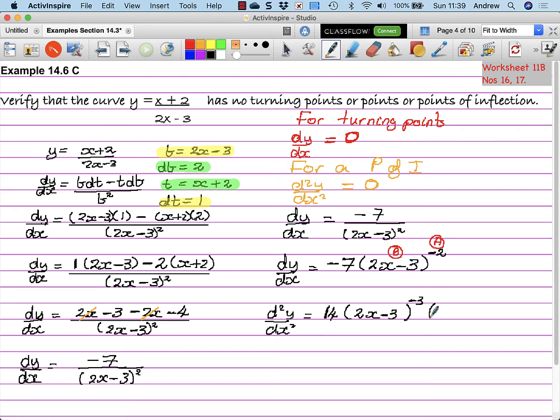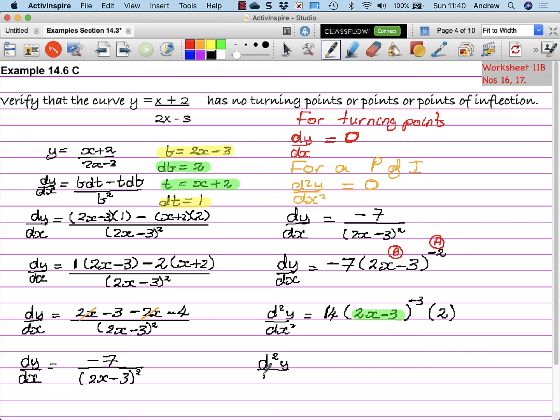And then we multiply by the differential of what's inside, and the differential of what's inside is we multiply by 2. And now we're going to do the tidy up line.